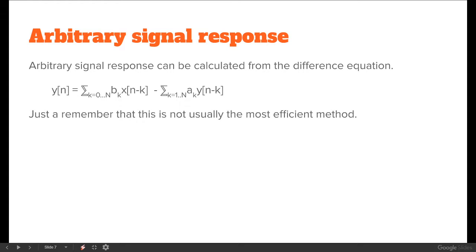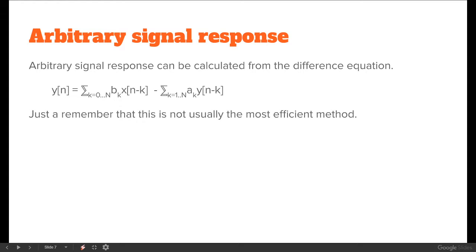Then we have the arbitrary signal response, which means that we are filtering a signal. For any signal which goes in, you can calculate the output using the difference equation, or even better, by whatever your block diagram looks like.